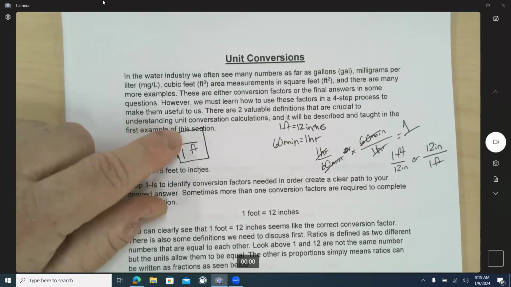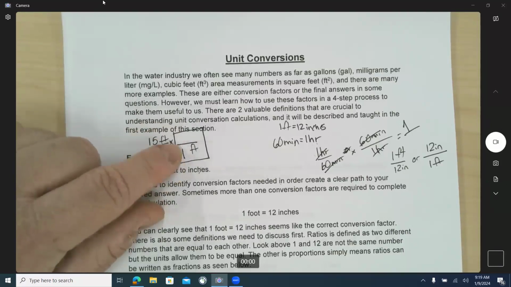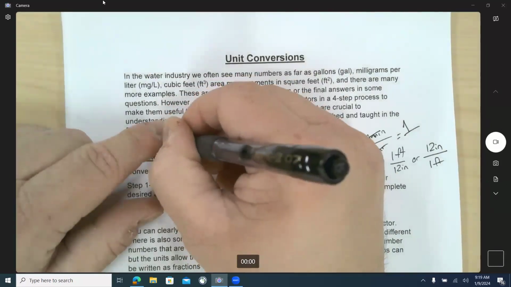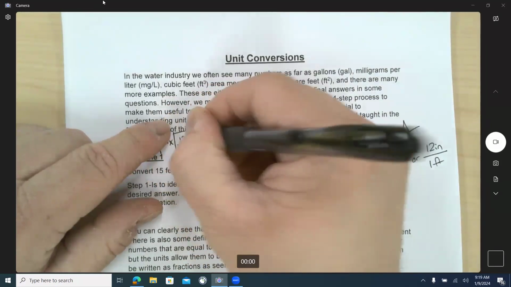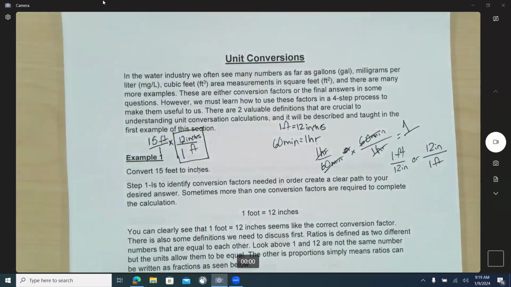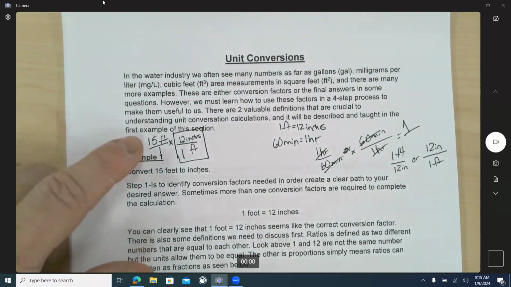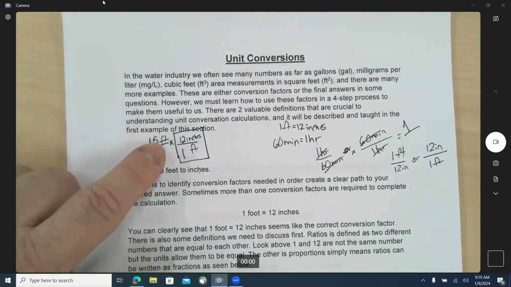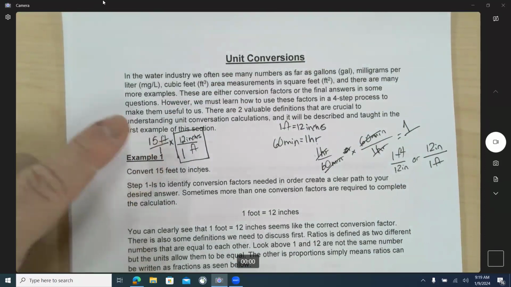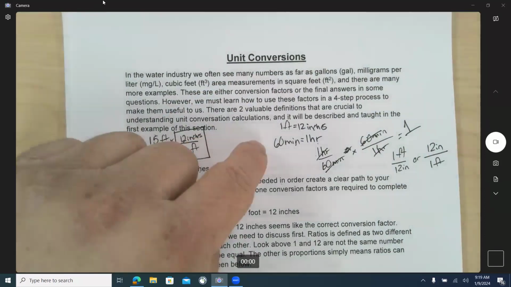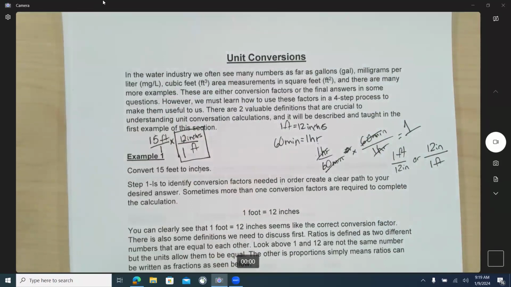So what goes above the 1 foot is what it equals, which would be 12 inches. Nothing else can ever go in that box. You do not write 15 feet in there. You write what you start with once, and then with your conversion factors, each time you move, it's just what it equals. So feet are on the bottom, so 1 foot is on the bottom, and 12 inches has to be up top because that's what it equals.